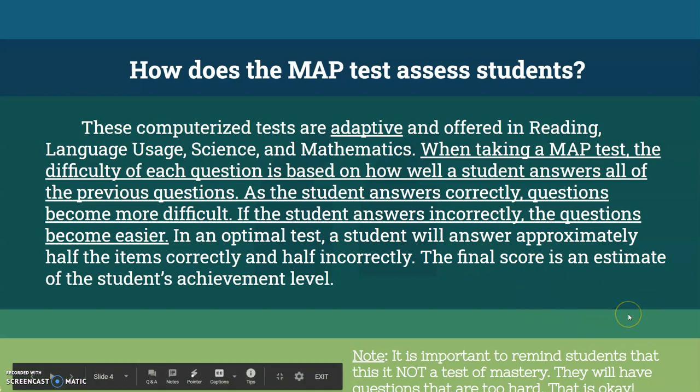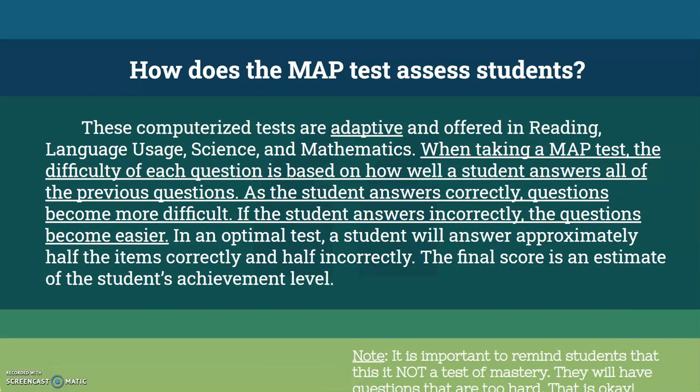The MAP Growth Assessment is a computerized test, and it is an adaptive test. It's offered in reading, language, science, and mathematics. What it means by being adaptive is that when a student is taking a MAP test, the difficulty of each question is based on how well a student answers the previous questions.